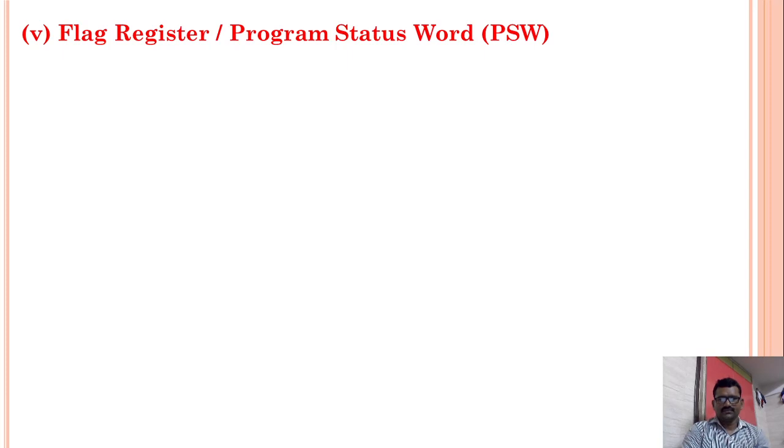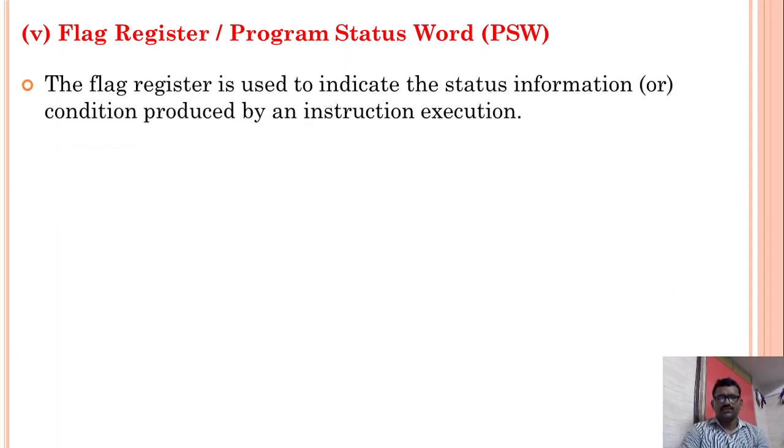Next, coming to the flag register. In 8086 microprocessor, it performs so many operations. After operations, it will get the result. The result has a status.